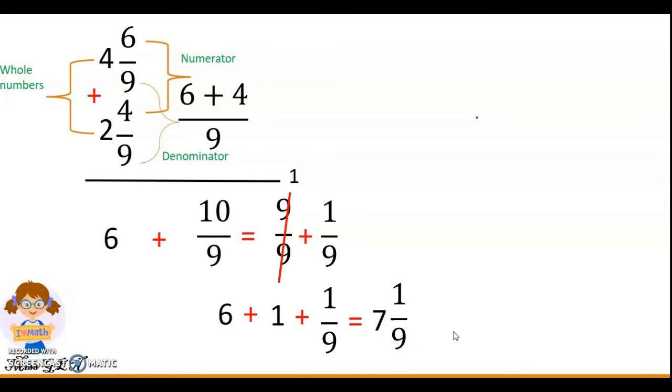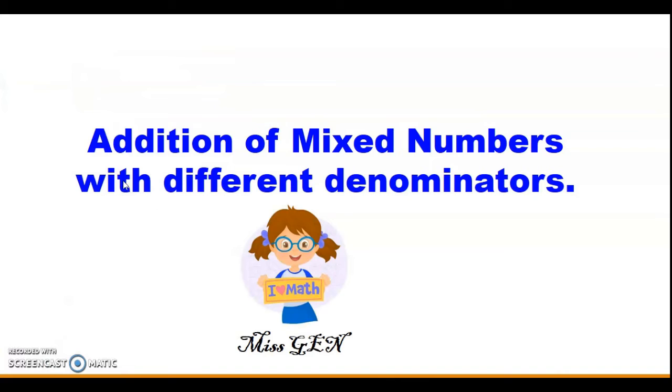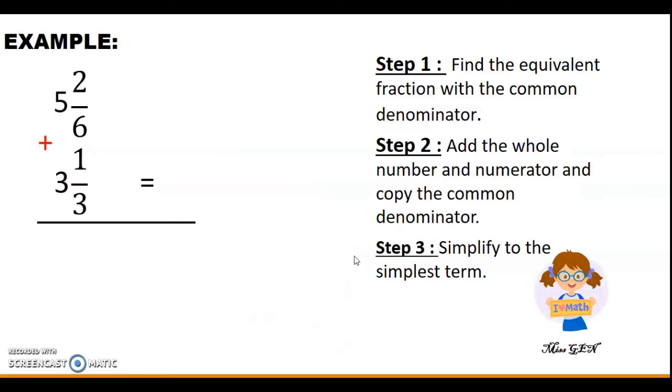Try another example. This time, we will add mixed numbers with different denominators, meaning dissimilar fractions. Let's say, for example, 5 and 2 over 6 plus 3 and 1 over 3.